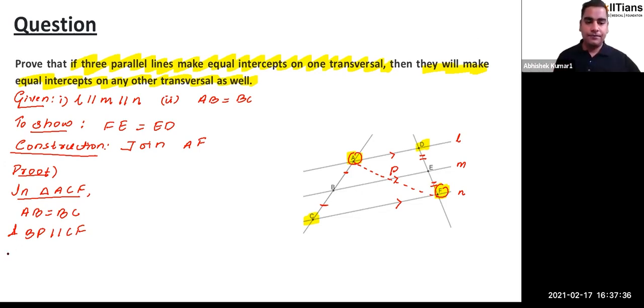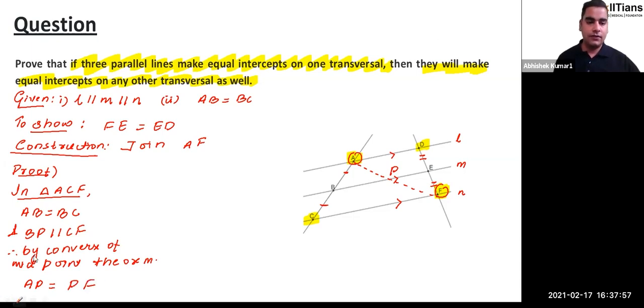Therefore, can we say by the converse of the midpoint theorem that P will be the midpoint of AF? We can say that by the converse of the midpoint theorem, you are going to have AP equal to PF.